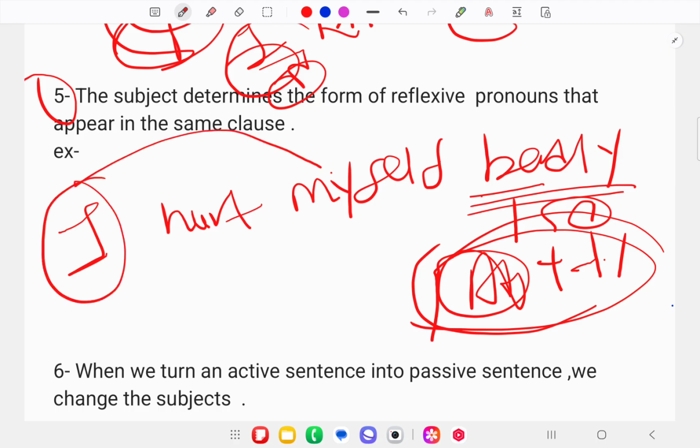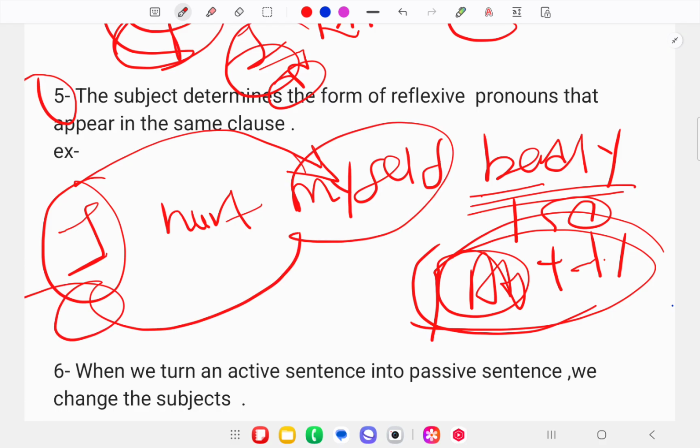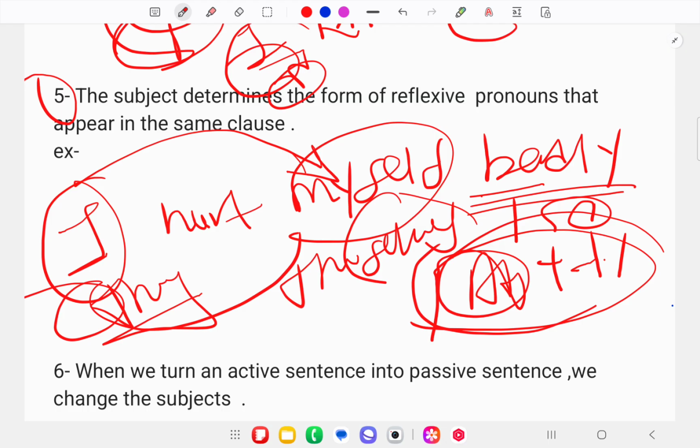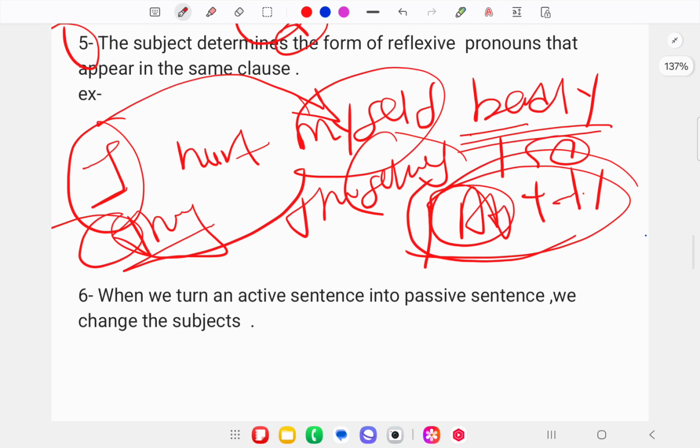Here "I" determines "myself." If it were "they," then you would not say "they hurt myself badly"; you would say "they hurt themselves," with "selves." I hope you have understood what I want to say here.